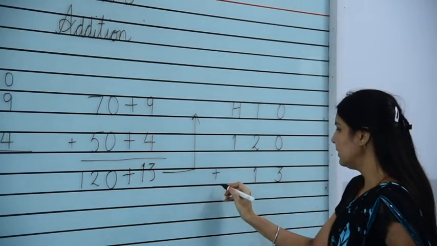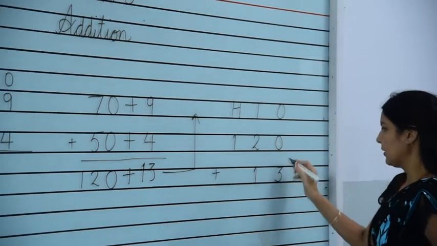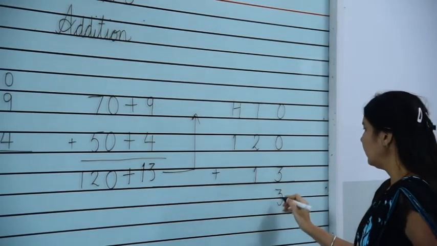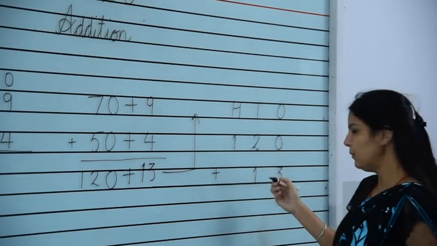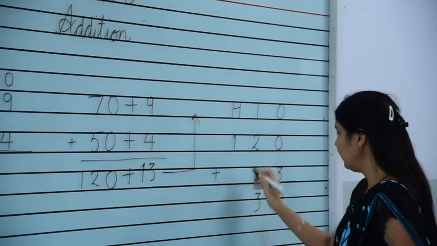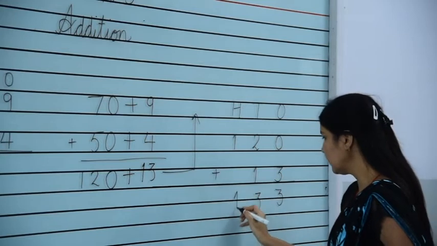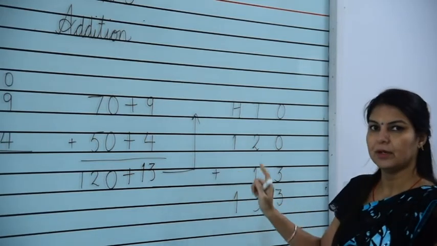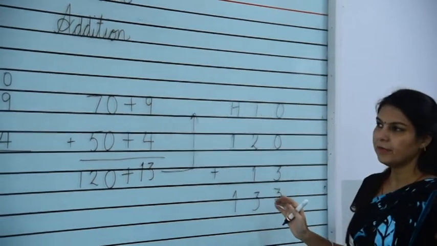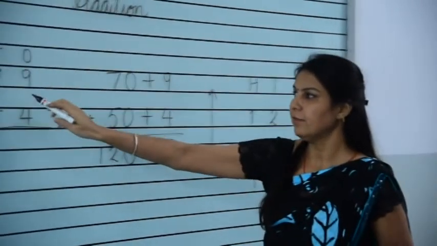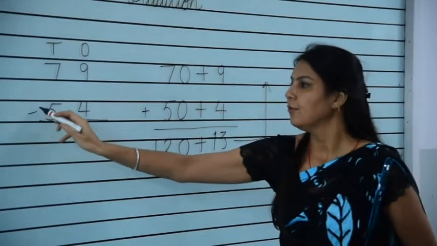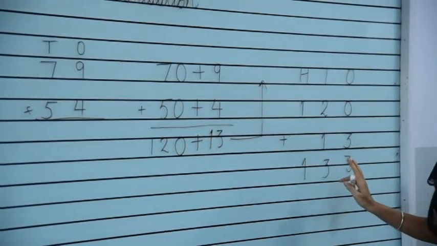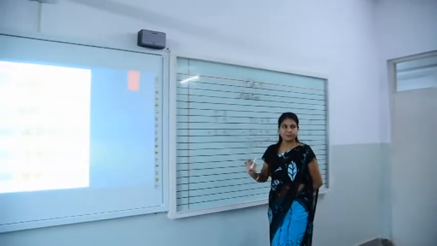Now we will add these numbers again. 0 plus 3 will be 3, 2 plus 1 will be 3, and 1 we will write as it is because there is no number. So after adding these two numbers, 79 and 54, we got 133. I hope you have understood.